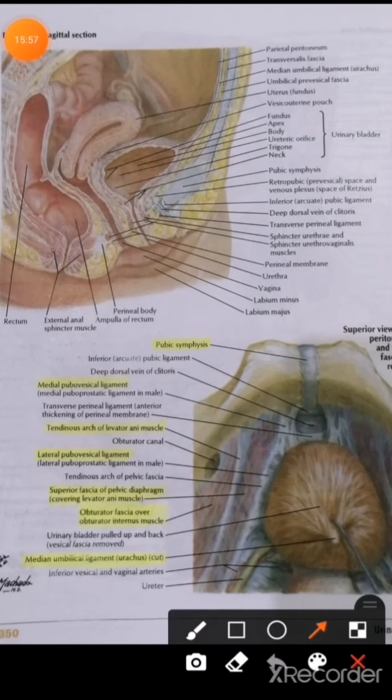and that makes it easy for you to understand that the infralateral surfaces of the urinary bladder is in fact related to the levator ani and also to the obturator internus. And you can see this is the obturator fascia over the obturator internus.